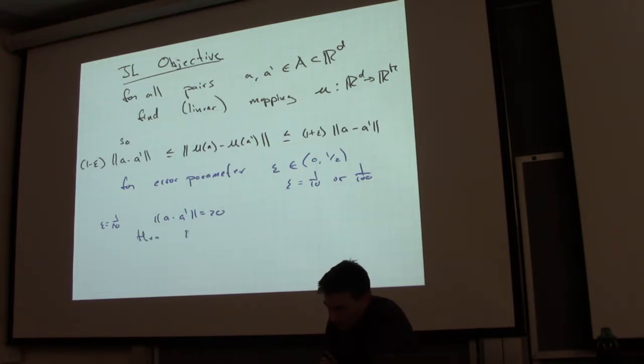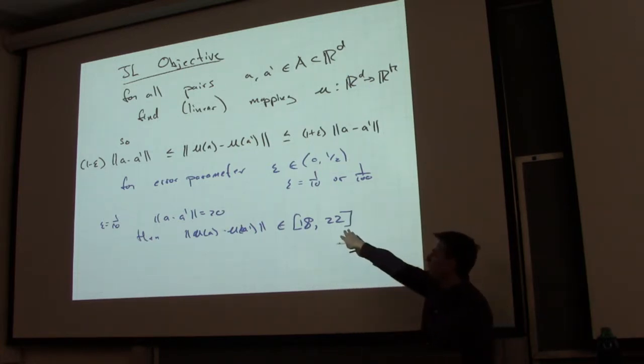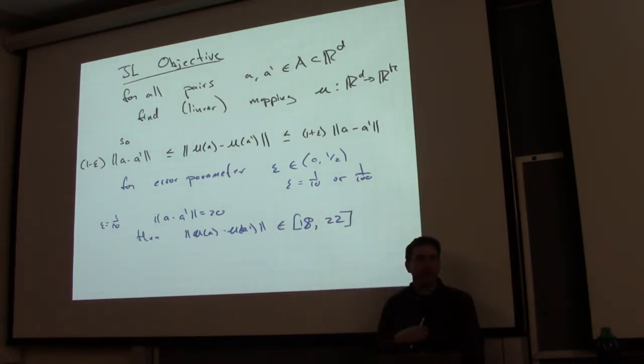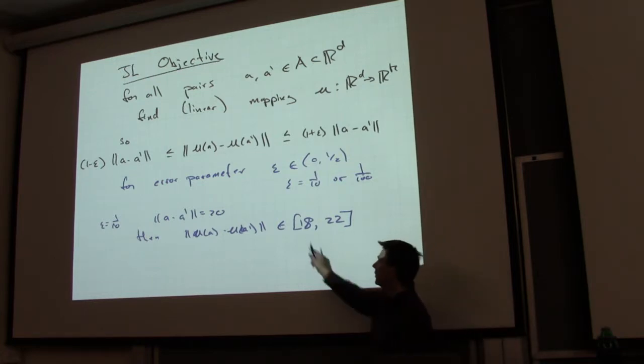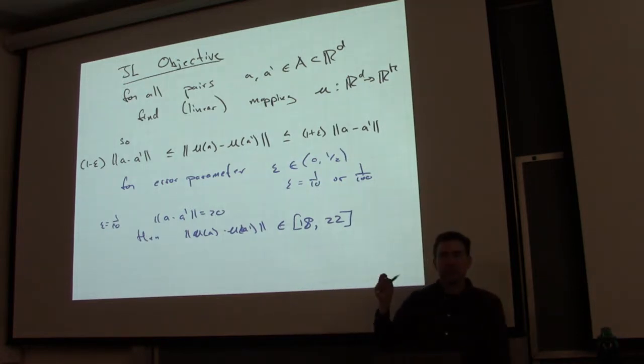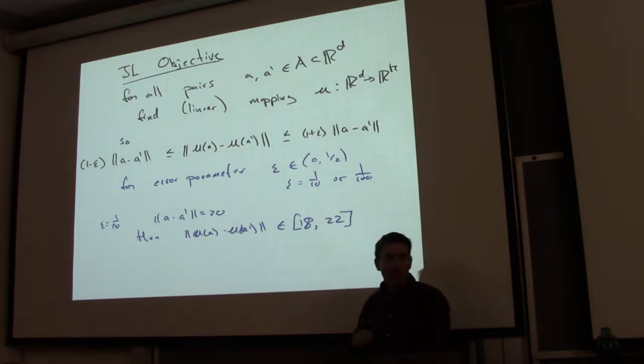Then I know that mu of A minus mu of A prime is going to be in the range between 18 and 22, which is going to be pretty close. If I set epsilon to be equal to 1 out of 100, then this is going to be between 19.8 and 20.2. So it's going to be much smaller error if I do that. But this still seems fairly reasonable.